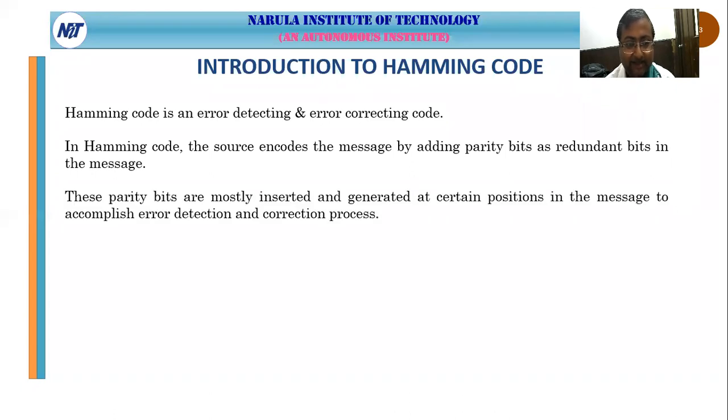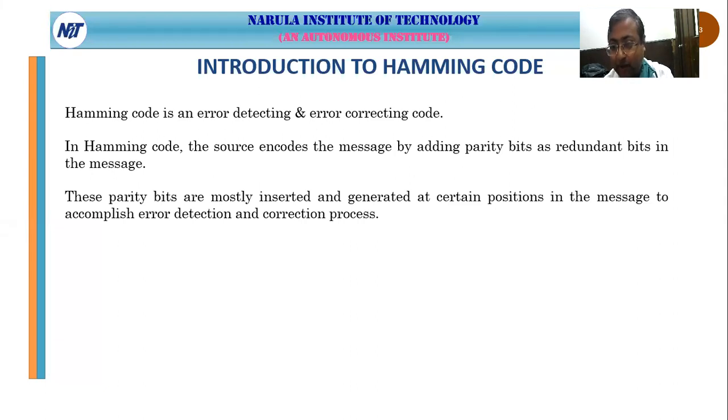These parity bits are mostly inserted and generated at certain positions. Suppose a 5-bit message word is there. Then the parity bits should be included at the 2 to the power n form of the bit positions. So the first bit should be P1, that means parity 1.